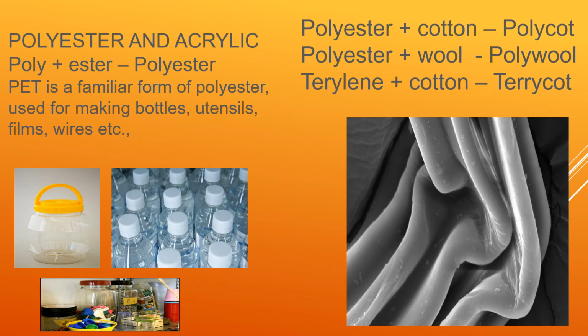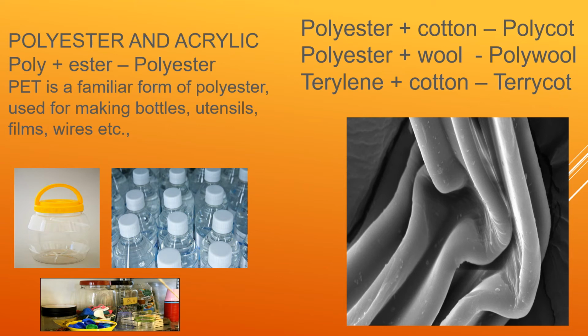As the name suggests, these are made by mixing two types of fibers. Polycot is a mixture of polyester and cotton. Polywool is a mixture of polyester and wool. Terrycot is a mixture of terylene and cotton.